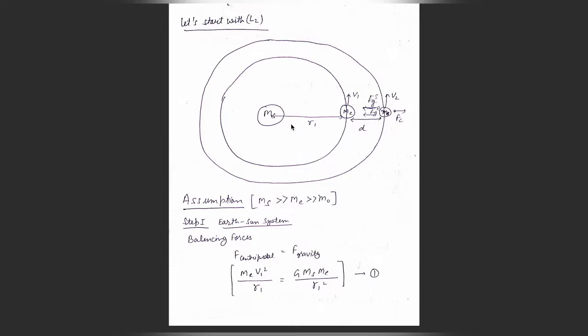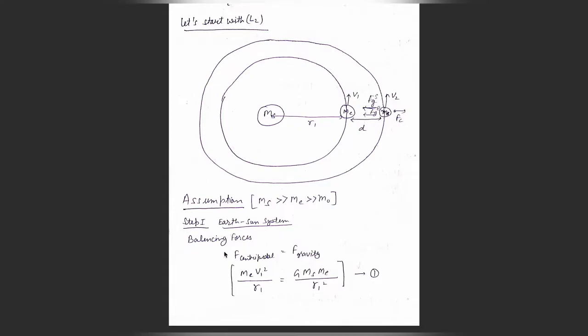We have taken a three body system in which the Sun, Earth, and a satellite are there. Earth is revolving around the Sun, and the satellite is also revolving around the Sun with velocities v1 and v2 respectively. We assume the mass of the Sun is far greater than the mass of Earth, and the mass of Earth is far greater than that of the satellite.